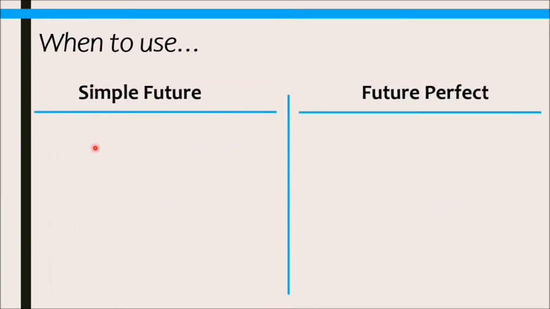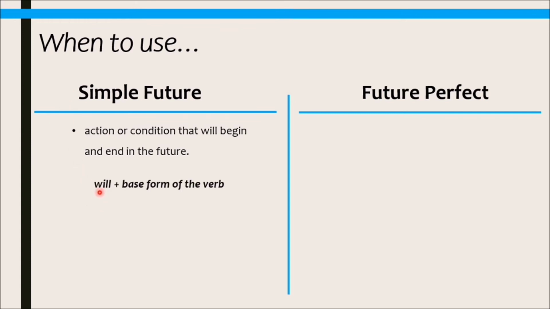And for our final pair, when to use simple future and future perfect. We make use of the simple future tense if we have an action or condition that will begin and end in the future. This tense is written with the modal will plus the base form of the verb. For example, Jovilie will visit her grandma this coming Saturday.